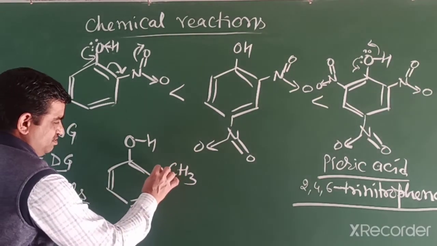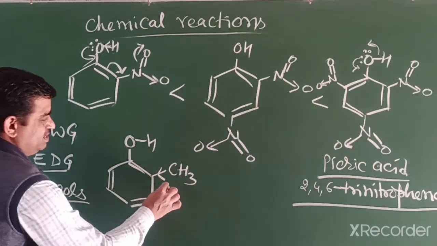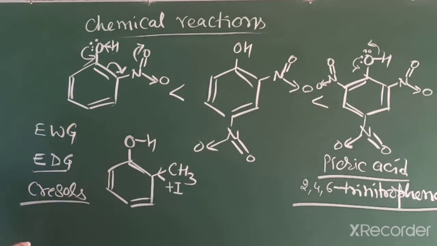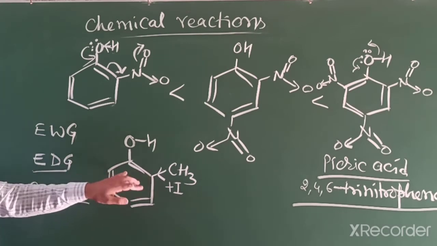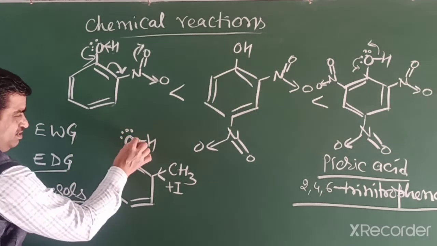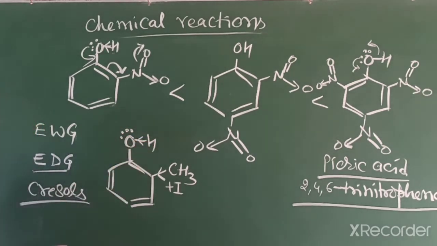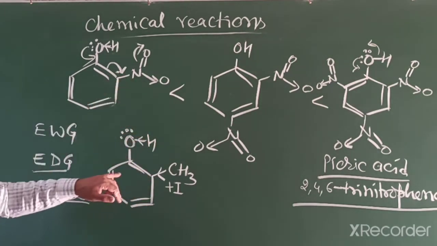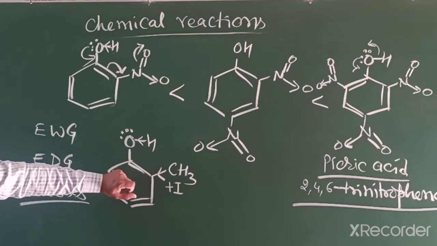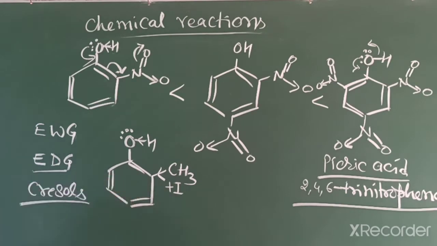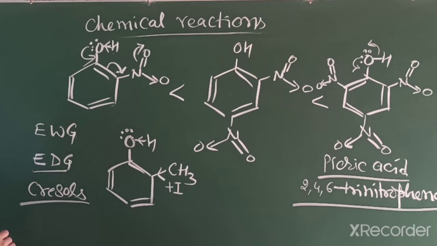This releasing group has a plus I effect, so electron density increases. Electrons are already there, so the incoming electron face slight repulsion, and the oxygen hydrogen bond is less polarized, so it is a slightly weaker acid than phenol. In comparison with phenol, if an electron donating group is present, the compound is a weaker acid, so cresols are weaker acids than phenol.